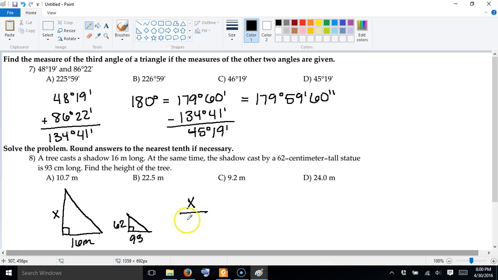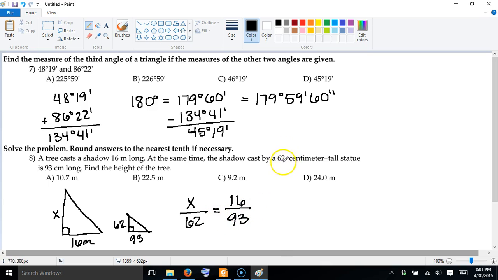So x over 62 equals, let's see, 16, the length of the shadow of the tree, over the length of the shadow of the statue.